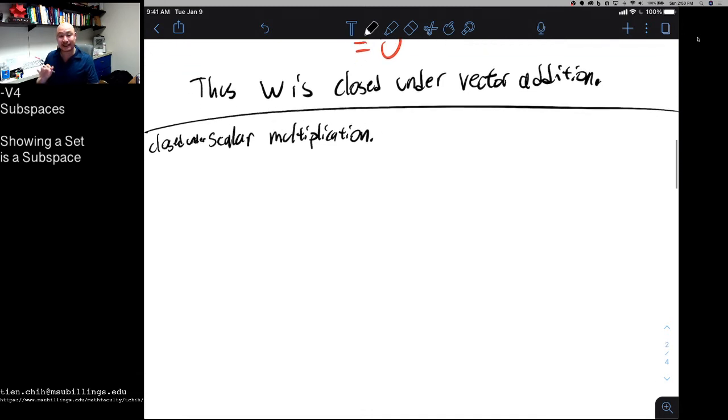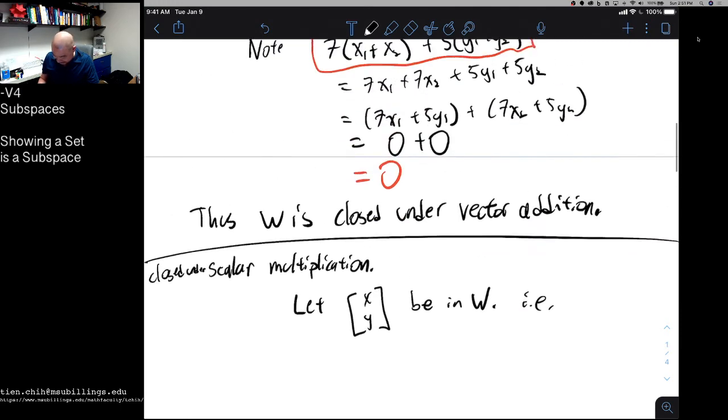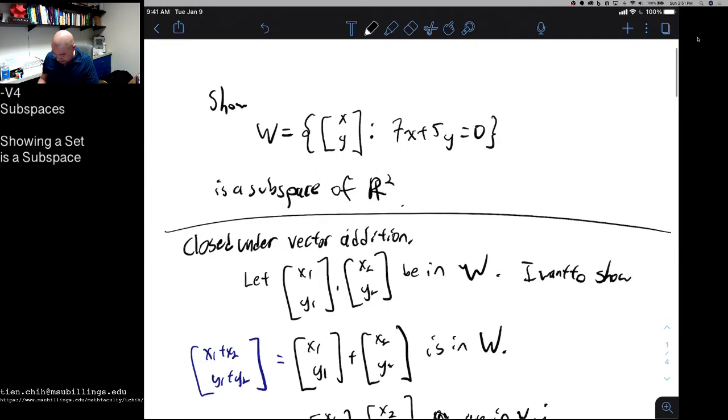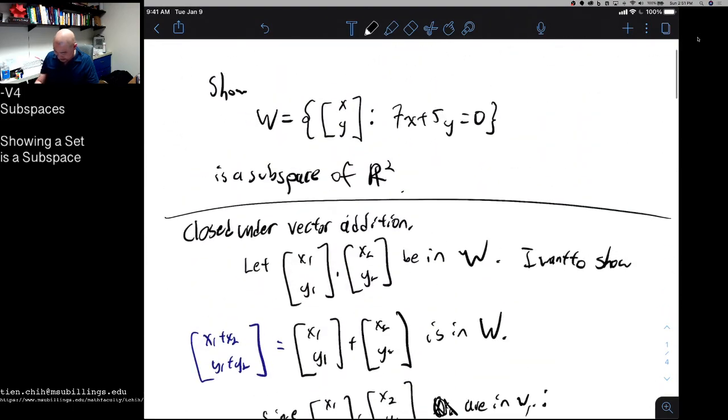So to see this, what we first want to note is we let (x, y) be in W, i.e. once again we go back to the condition here, right? 7x plus 5y is 0.